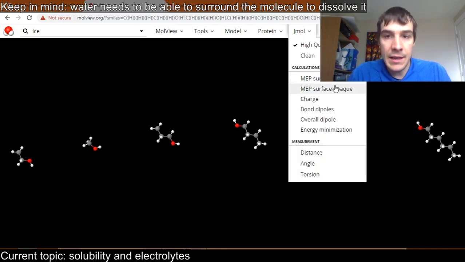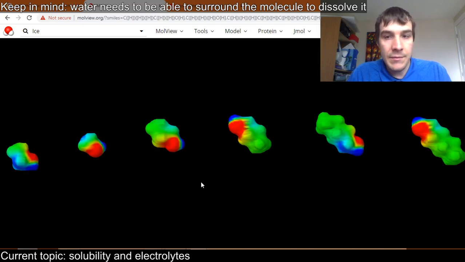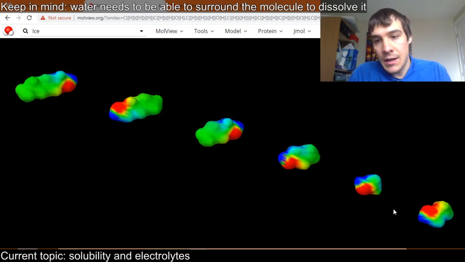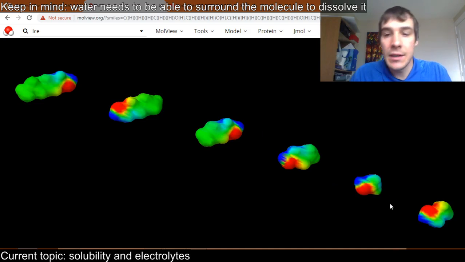I'm going to hit that opaque thing, and it'll give me the kind of charge distribution on these, right? Remember that water has this positive negative thing going on, and it likes to surround molecules. So it tends to be attracted to positive charges and positive sides and negative sides on molecules.